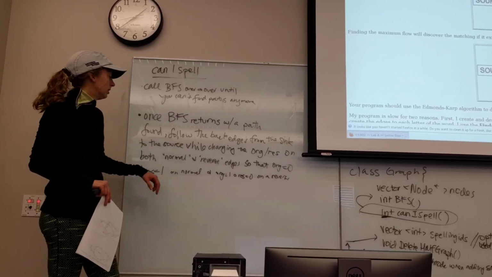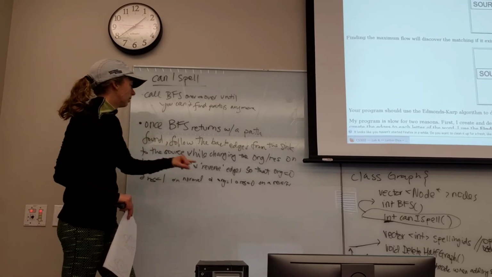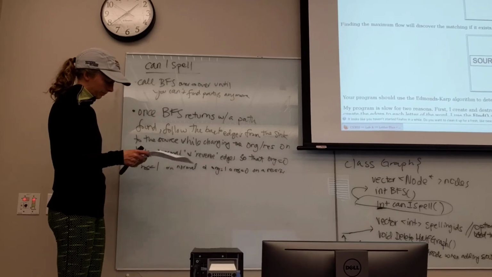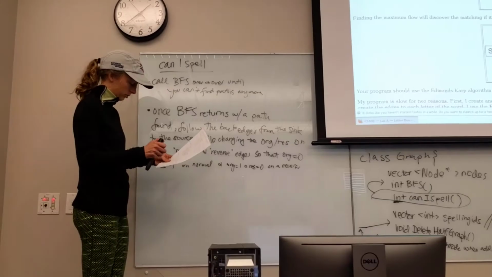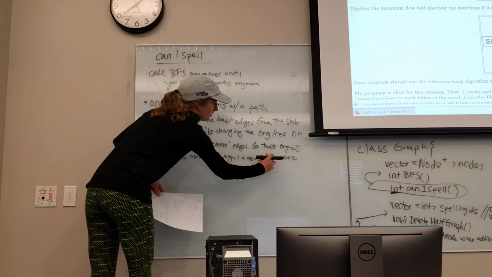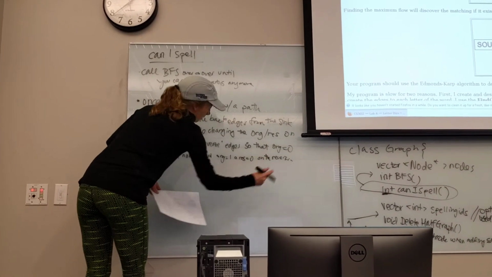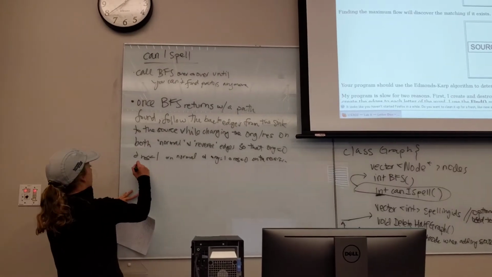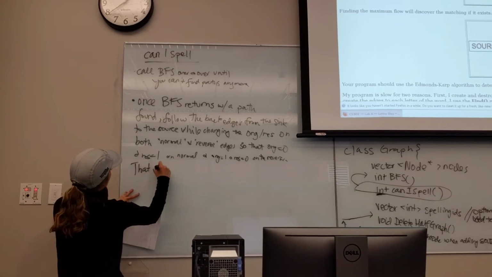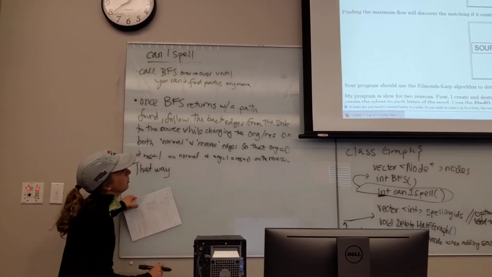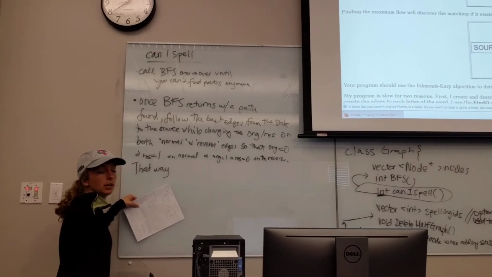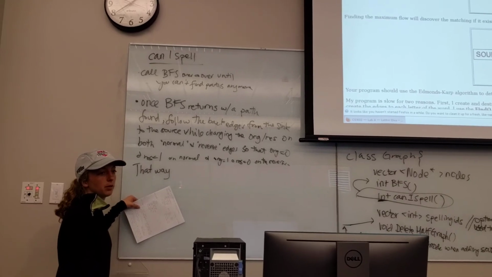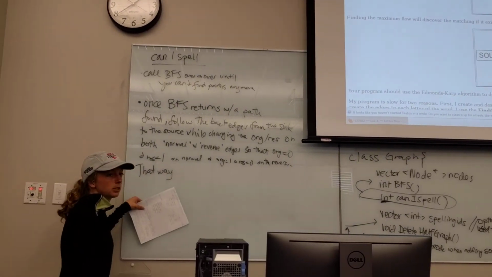The residual is 1, but on the backflow, the reverse edge, the original is 1 and residual is 0. So that way, when you're doing breadth first search, if you only follow paths that have original equal to 1, you should never follow a path that you've already done before because of these changes.